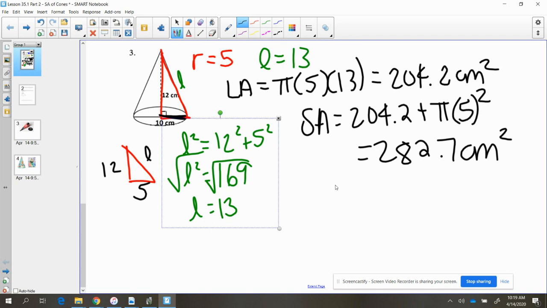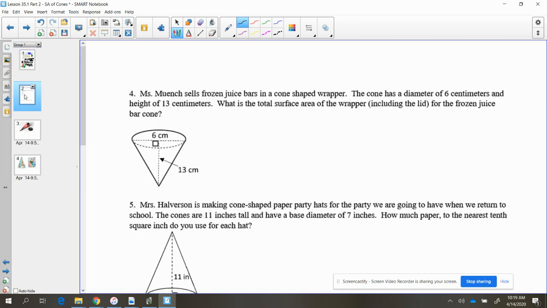Now, using those basic principles, we are going to start talking about some word problems.